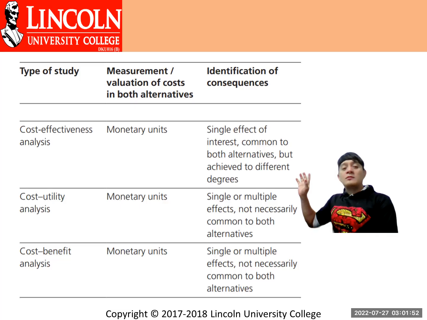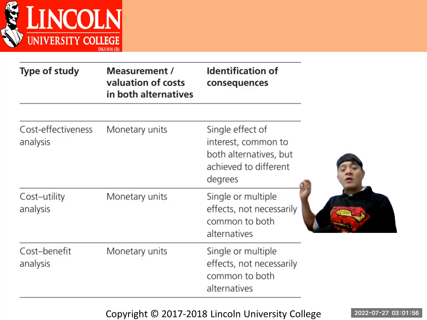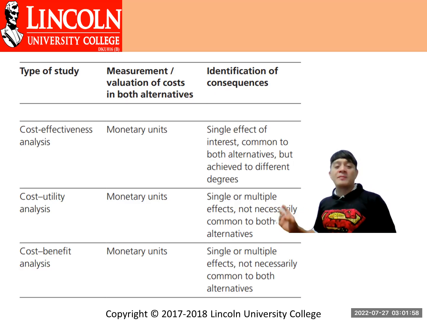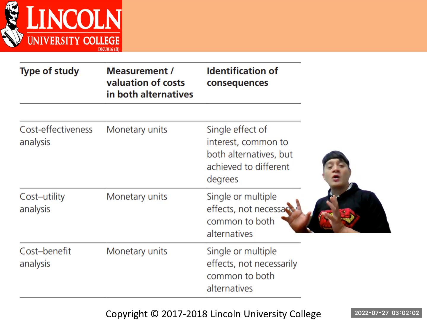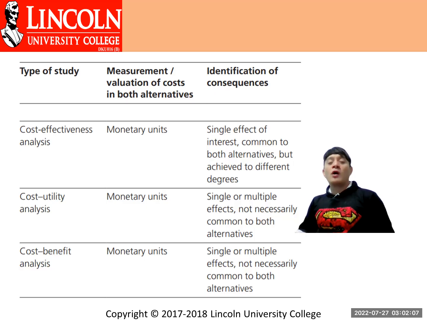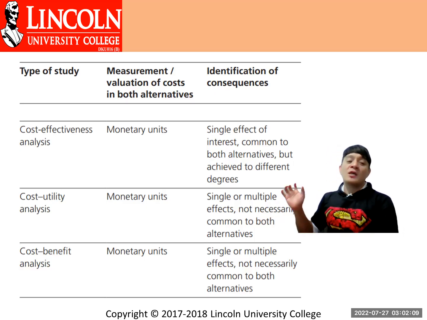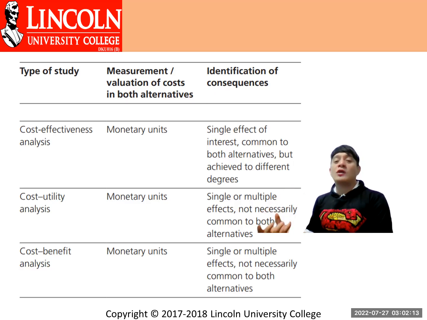Cost effectiveness analysis or CEA, cost utility analysis or CUA, and cost benefit analysis or CBA are all compared in money units. All of them are basically about how much you can benefit and how much you can minimize, how much you can effectively use in terms of money. They have monetary units.